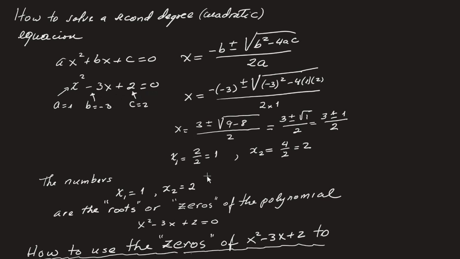Then we know now that when we have this quadratic equation or this polynomial of second degree, complete polynomial, the roots or the numbers that when replacing the x give 0 are 1 and 2, which are known as the roots or zeros of the polynomial.